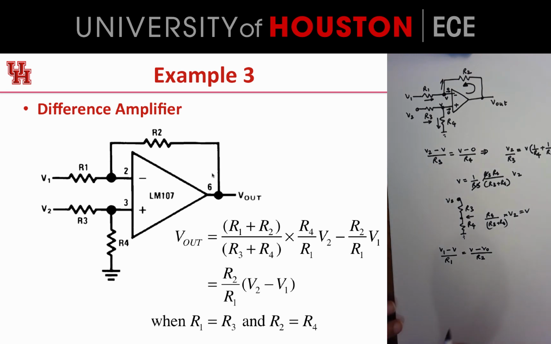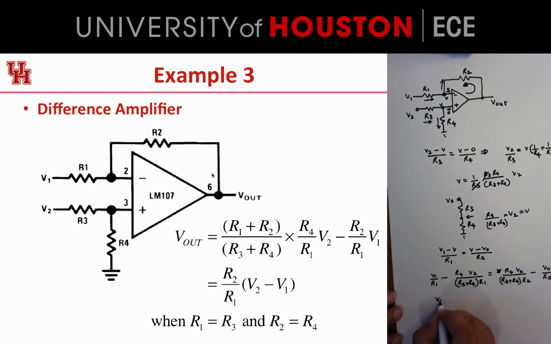So let's solve for this. V1 over R1 minus V, which is R4 divided by R3 plus R4 times V2, divided by R1, equals V over R2, which is R4 divided by R3 plus R4 times V2, divided by R2, minus V output over R2.